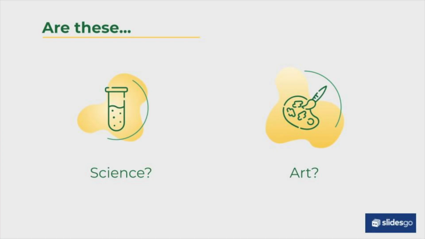Are these science? Are they art? I would argue they're both. Science provides the facts, while art brings those facts to life. Thus, when it comes to scientific dissemination or communication, the sciences and arts can be interwoven. This is how we reach and relay a message to a broader audience, the public.